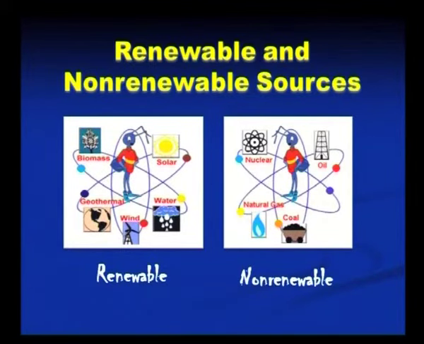So, the energy can be grouped into two forms. One, you call them renewable sources of energy, the other one you call non-renewable energy sources. When we talk about the renewable sources of energy, you have biomass energy, solar energy, hydroelectricity or water energy, that is the energy stored in the water.